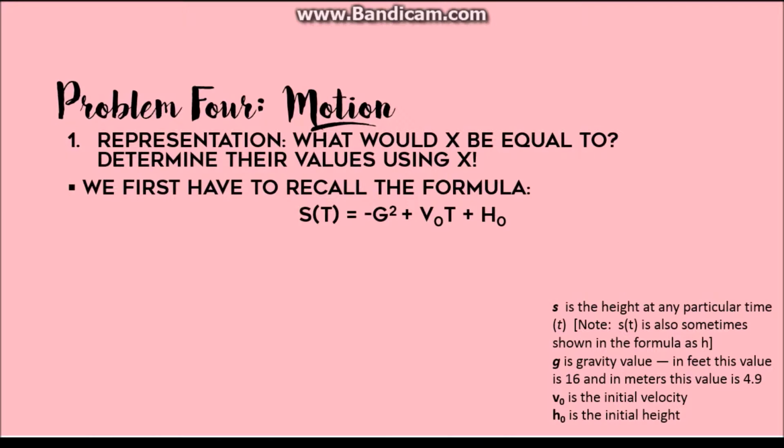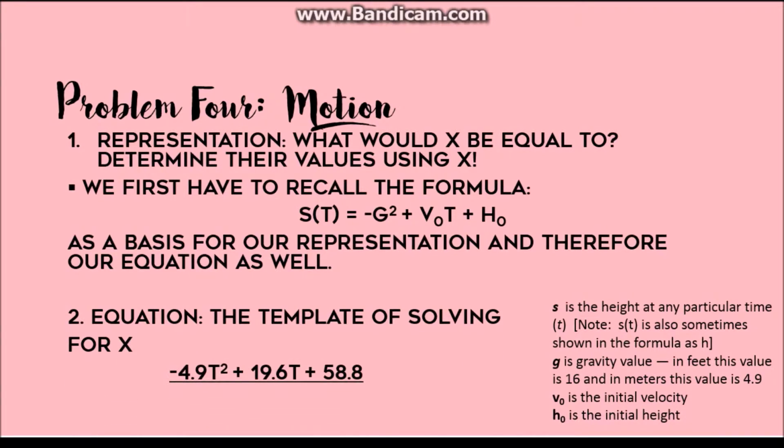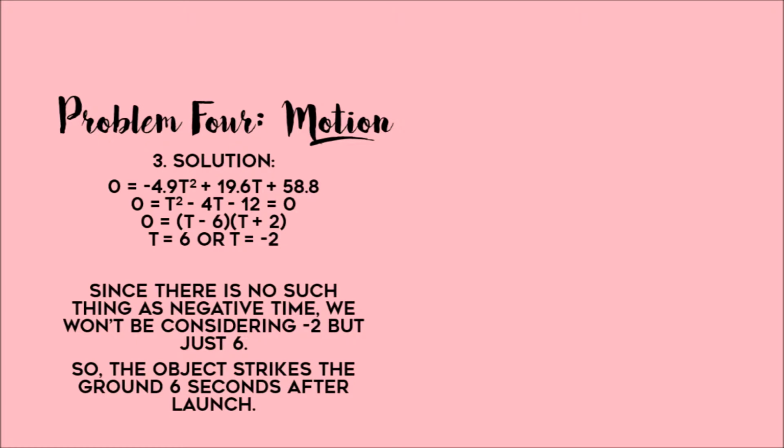So using these terms and getting the values from our problem, it is going to be equal to negative 4.9 t squared plus 19.6 t plus 58.8. For our solution, we are going to turn that into general form. So from the original equation, we're going to divide all sides by 4.9, making that t squared minus 4t minus 12 is equal to 0.